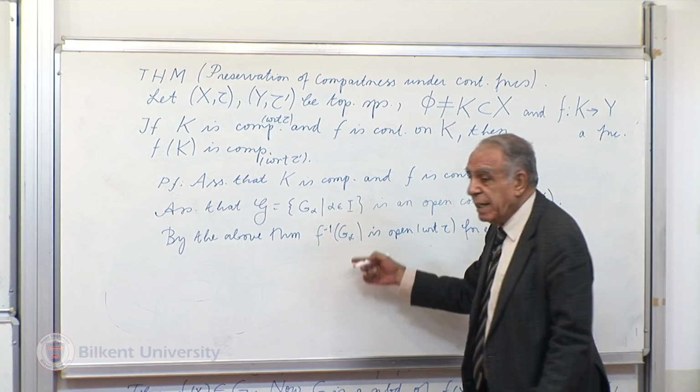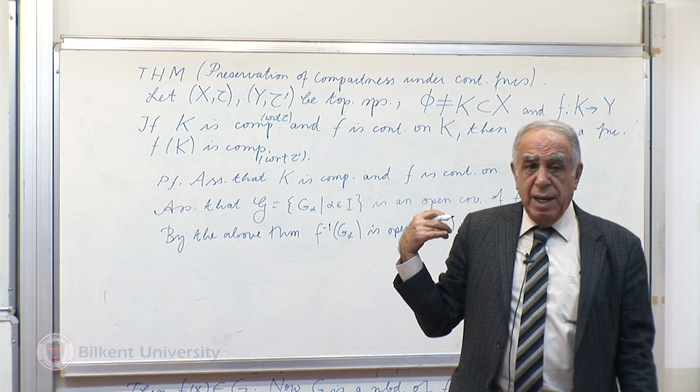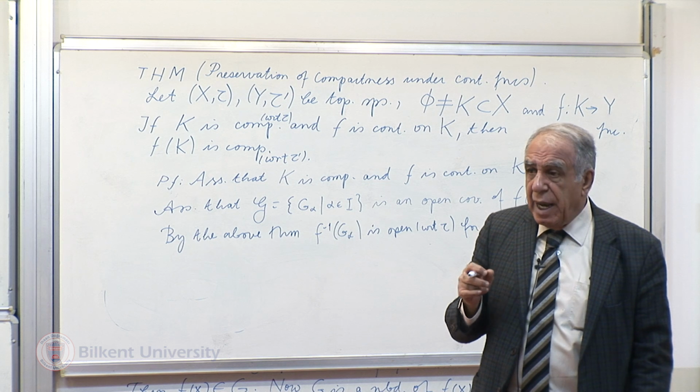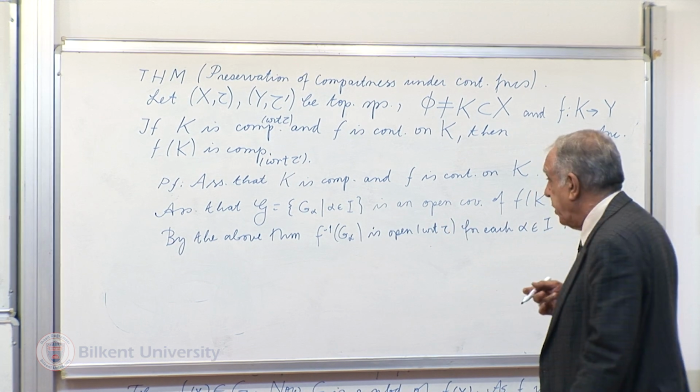So if the union of these contains K, then the collection of f inverse G alphas will be an open covering of K.